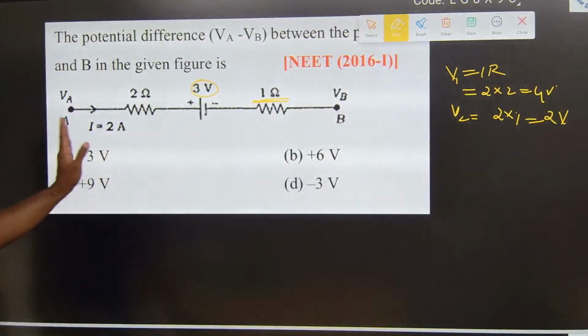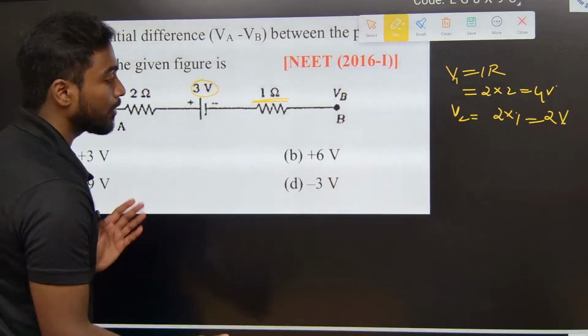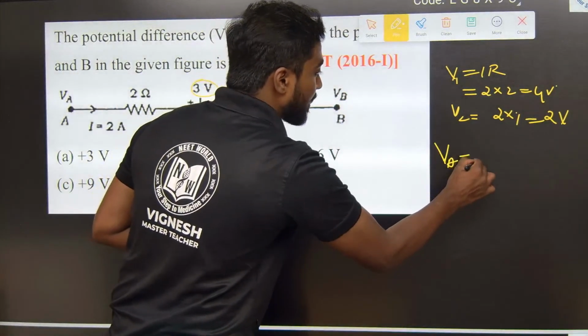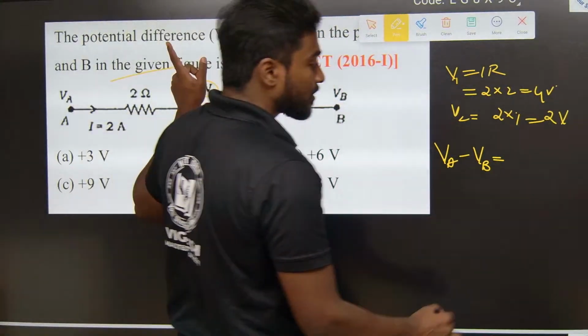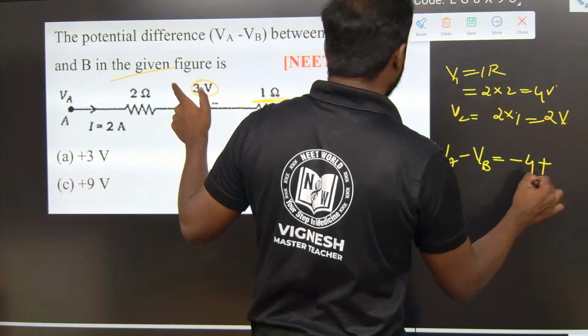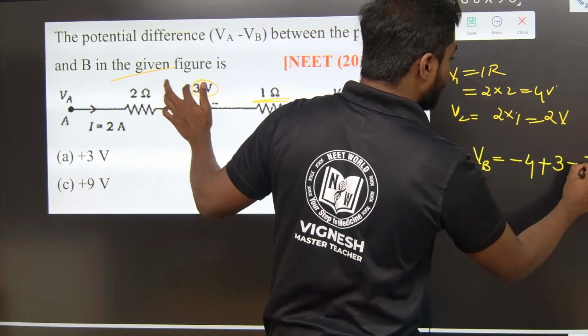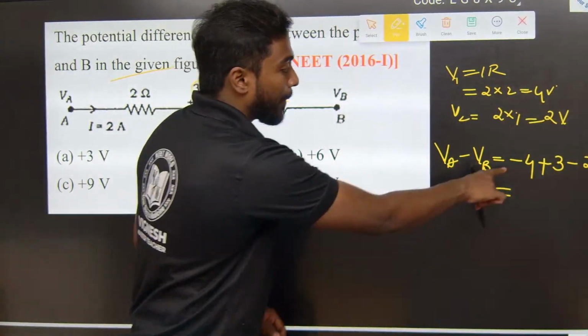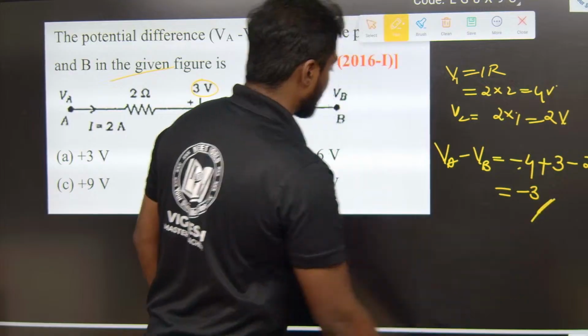Now I am going from point A to point B, current also in the same direction, so VA minus VB will be equal to, same direction in the sense, minus 4 plus 3, and minus 2. So the answer will be minus 4 minus 2 plus 3, minus 3. Minus 3 is the answer.